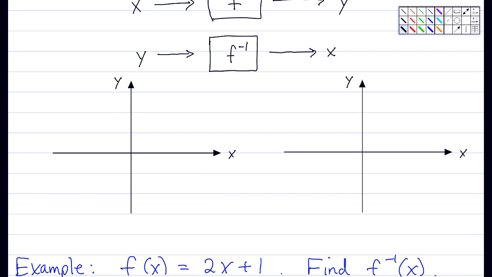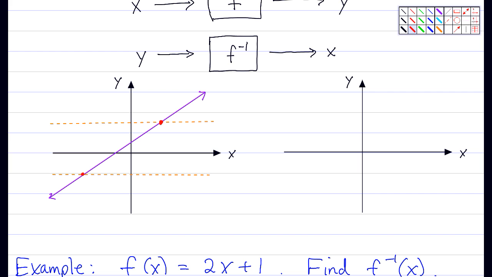Basically, the horizontal line test says if I graph my function, let's say my function is a nice line, and I draw any horizontal line I want through the graph, and that horizontal line only crosses the function one time, no more than one time, no matter what horizontal line you draw, then this function right here in purple has an inverse. And we say that the function is invertible.